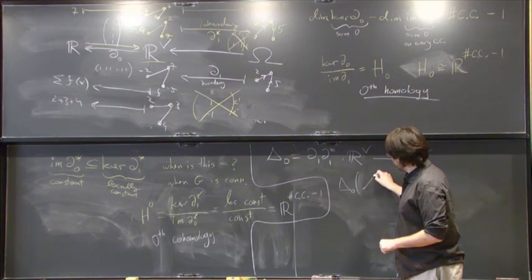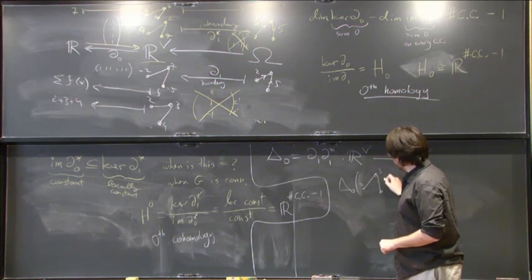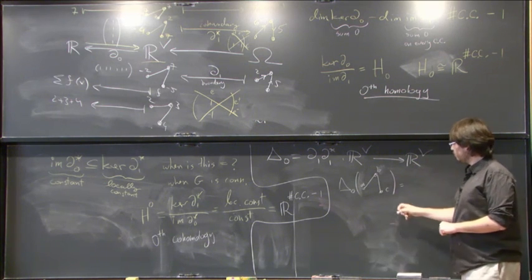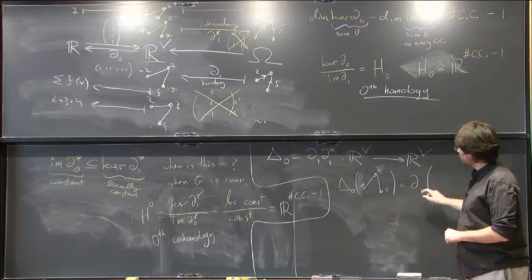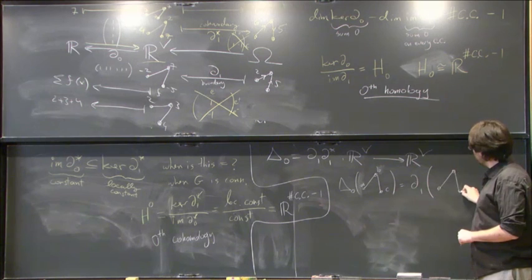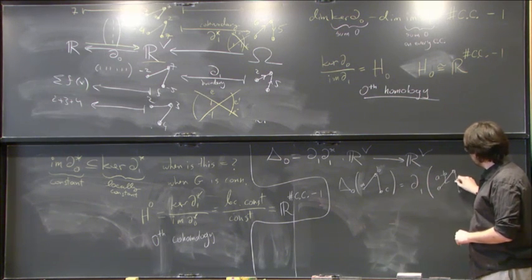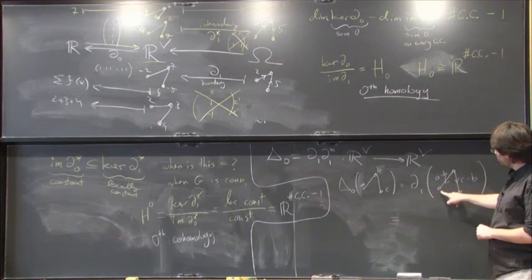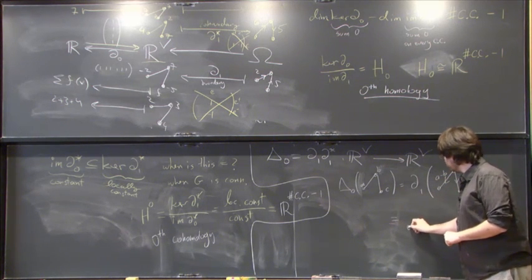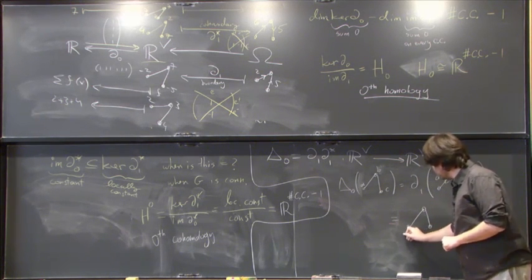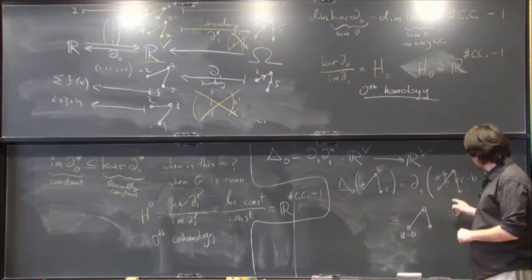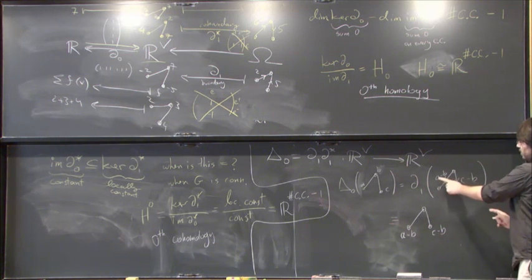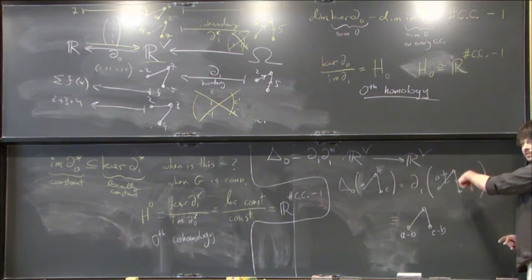Let's do one example. If I have here ABC, first of all, I need to apply the co-boundary, and this would be A minus B here, and C minus B. Then the co-boundary will take A minus B here and minus here. So this will be A minus B. This will be C minus B. And this one gets both of them, with minus because it's the origin.